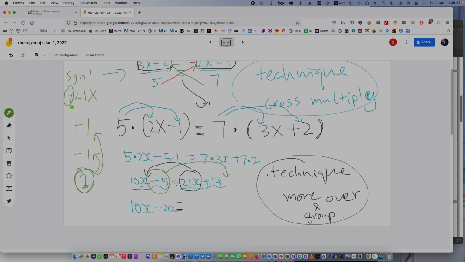Okay, good. Continue for the right hand side. Very good. Just copy down the plus 14. Very good. Continue. I'm going to erase so that you have more space.